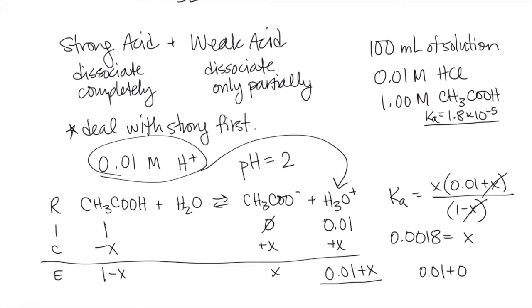And now I can find my new H3O plus concentration. 0.01 plus 0.0018 gives me 0.0118 as my H plus concentration, just adding those together like it says to do at the end of my RICE table. So now I've got my H plus concentration. I'm going to take the negative log of this.